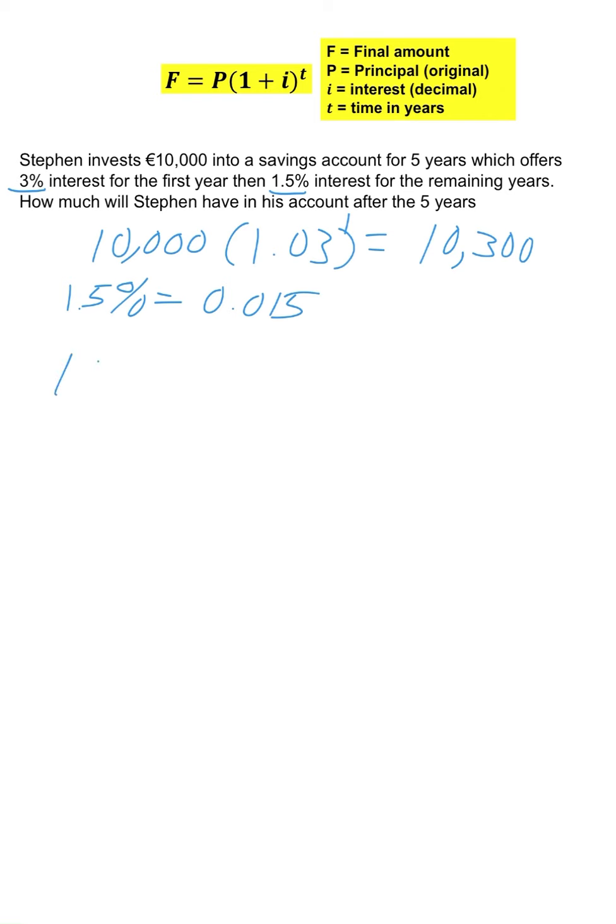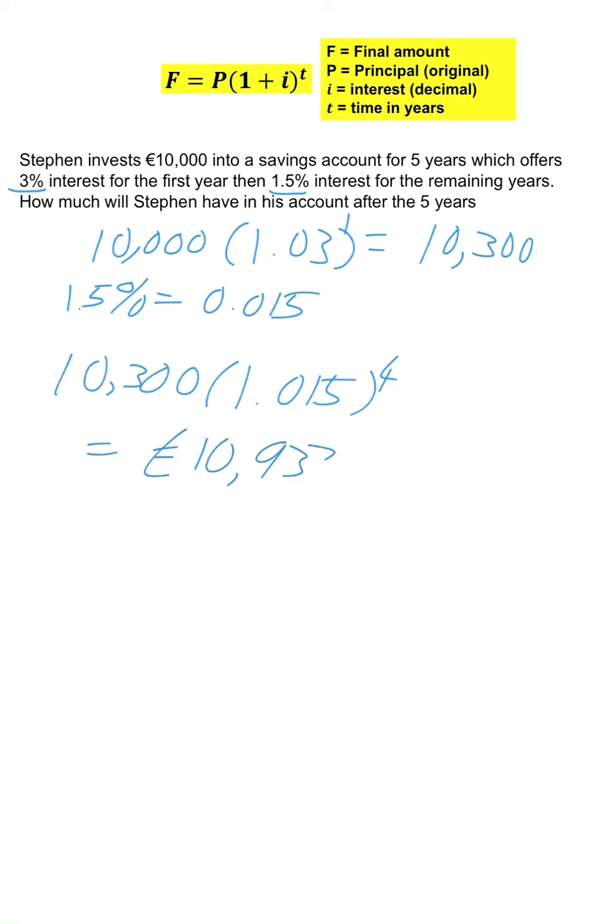So we'll have our 10,300, the amount after the first year, times 1.015 to the power of 4. And that gets us 10,932.044. So to two decimal places, we have 10,932 euro and 4 cents.